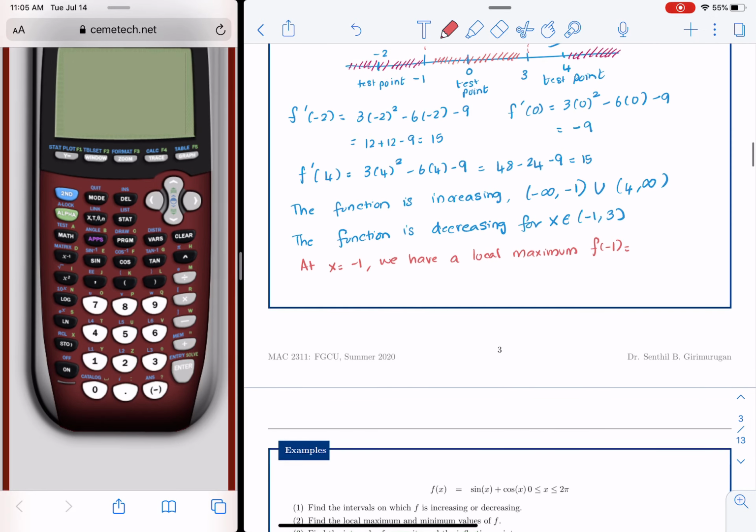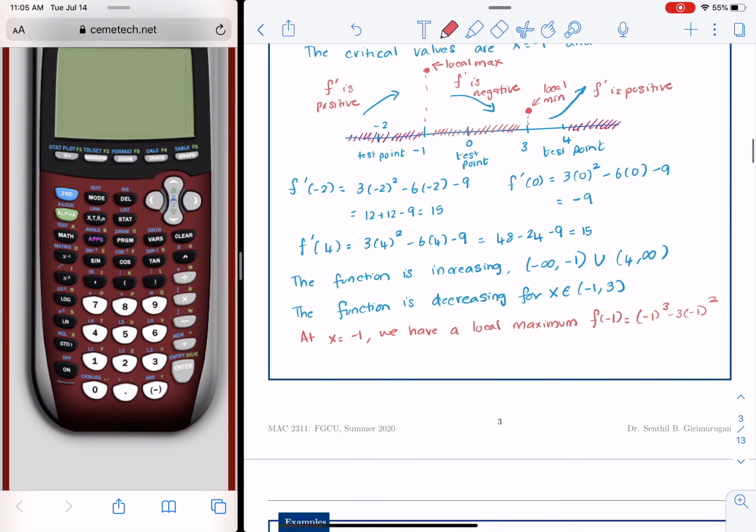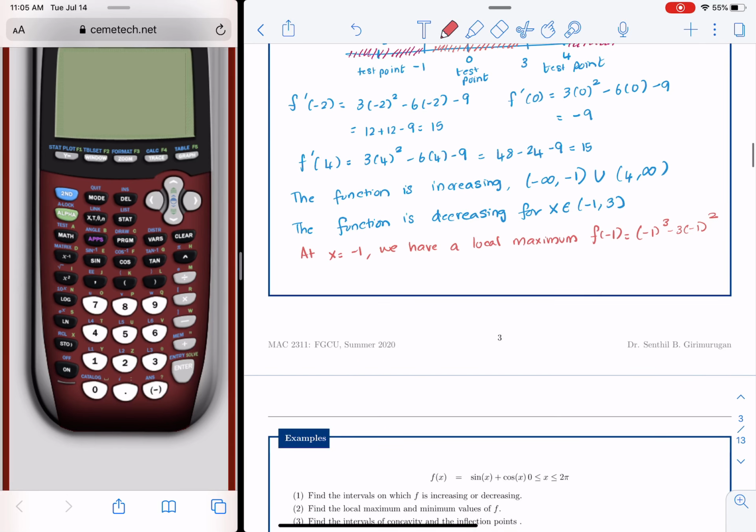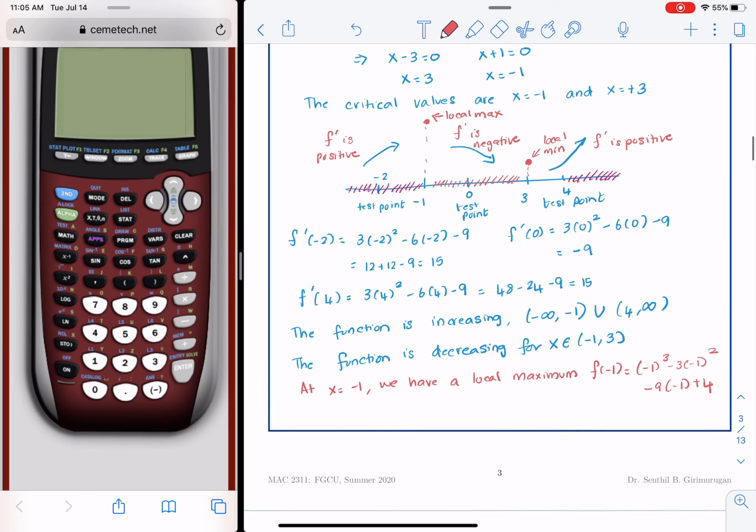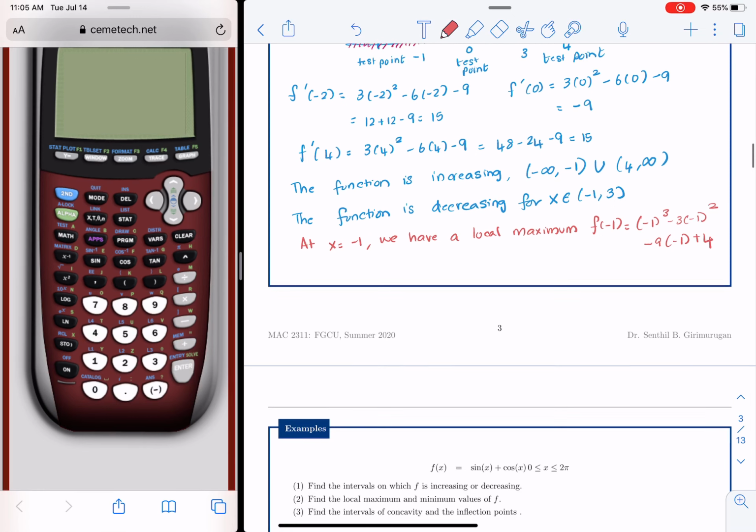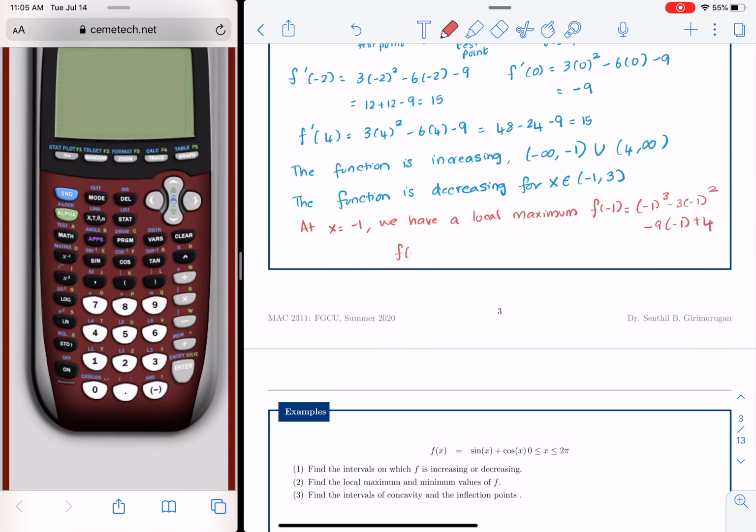Negative 1 cubed, negative 3 times negative 1 squared, negative 9 times negative 1 plus 4, I get 11.